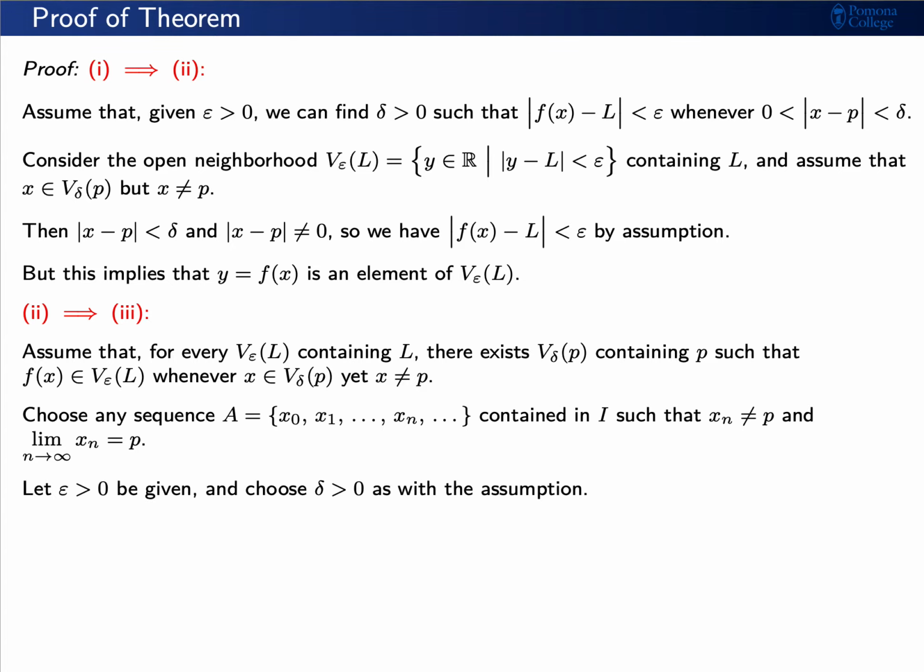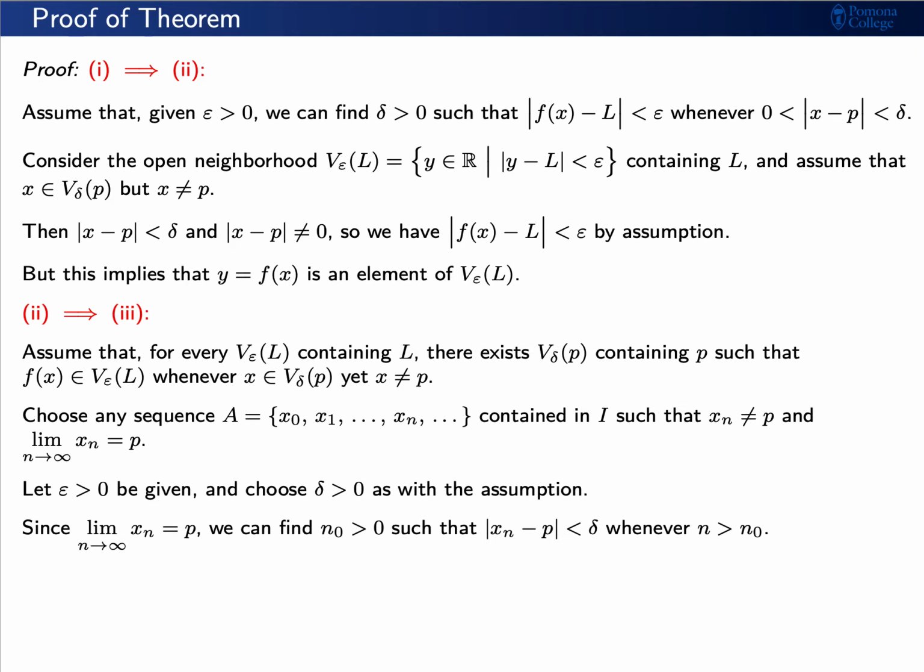Let's let epsilon positive be given, and let's choose delta positive as in the assumption. Since the limit of x sub n equals p, we can find some index n sub 0 such that |x sub n minus p| is less than delta whenever n is greater than n0.